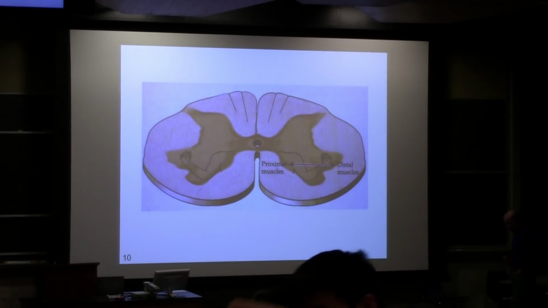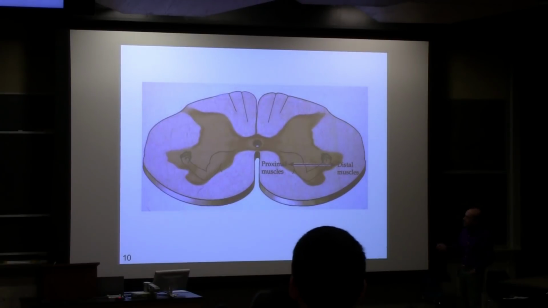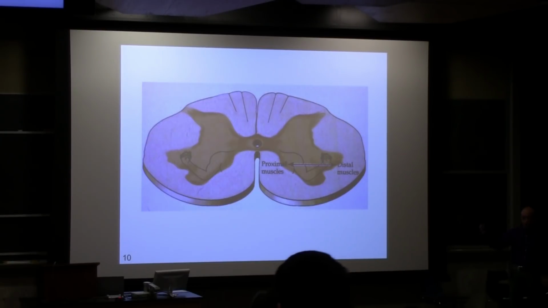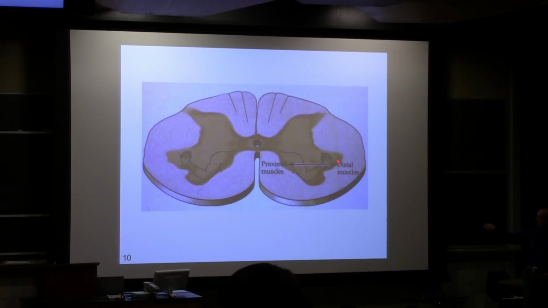There's an anatomy to this circuitry such that the proximal muscles, the muscles that are holding up your body, the axial parts of your body, those motor neurons are medial, whereas the motor neurons that go to the distal musculature, the hands, the fingers, are lateral. So medial, proximal muscles, lateral, distal muscles. Ventral horn, motor neurons, dorsal horn, afferents.